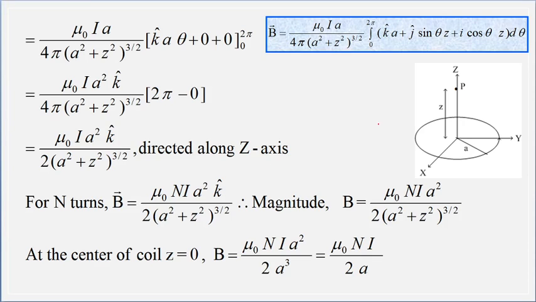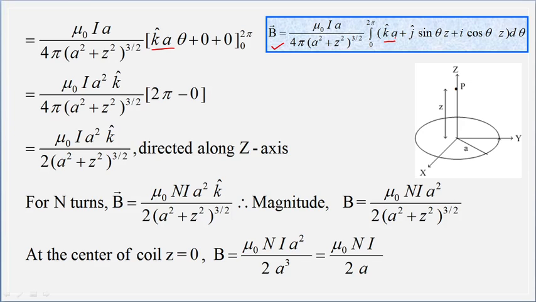This equation we have found in the previous slide. Then integrate. When you integrate ka d theta, k is constant, so the integral of d theta is theta.